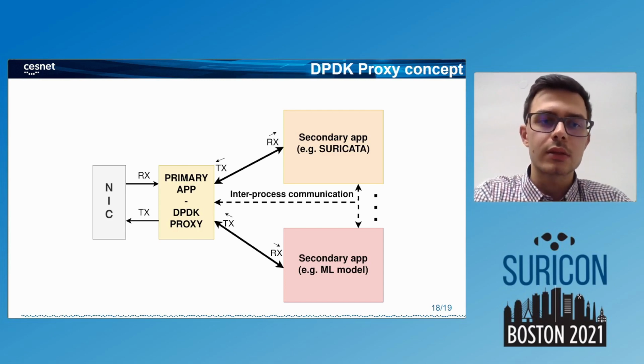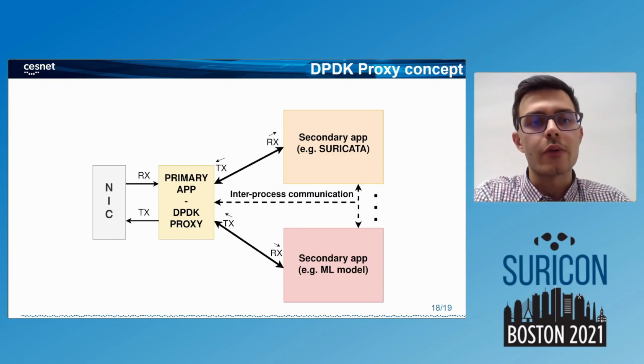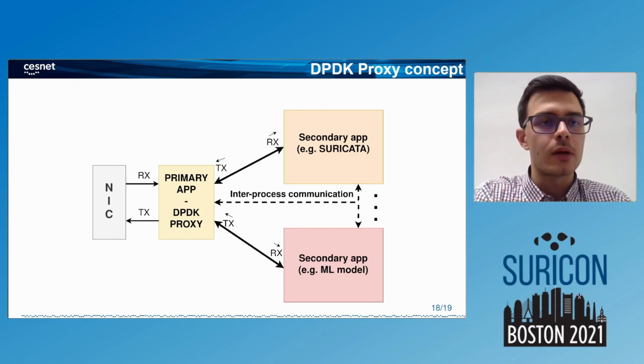And as you can see, the 3 dots on the very right mean that there can be not only 2 applications but multiple applications. It depends on the configuration of the DPDK proxy. Now, this would be all for the DPDK proxy concept.